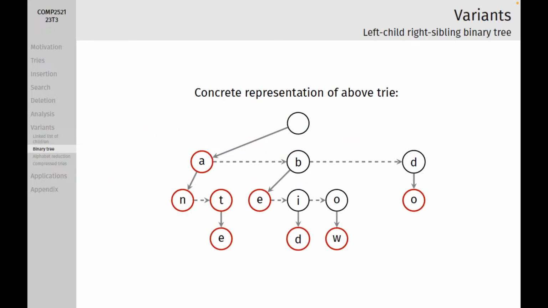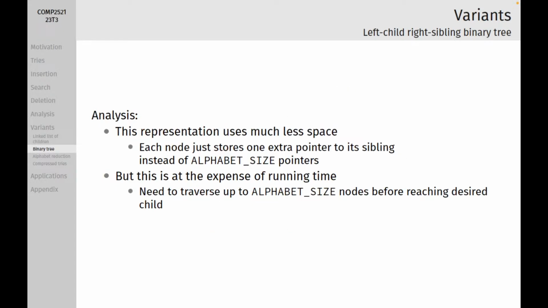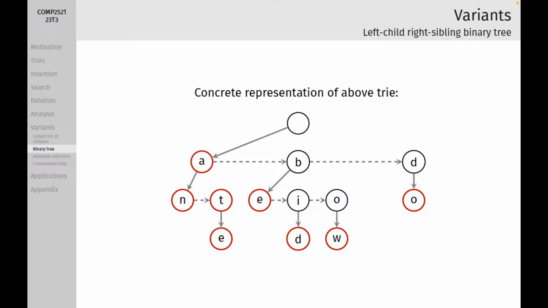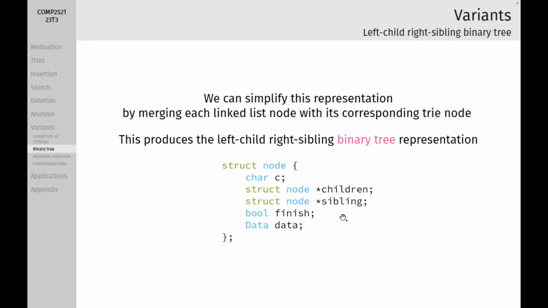All right, so how well does this representation perform? First of all, it does use much less space, because each node contains just one extra pointer to its sibling. Instead of having 26 pointers, now we only have 2 pointers, and the reduction from 26 to 2 is quite nice.